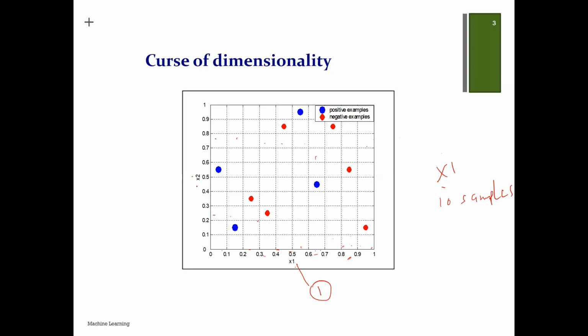The number of features is now 2. Ordinarily, when you increase the number of features by just 1, you expect that you can increase the samples by maybe 2 or so, but no. The problem is, now that our sample is X1, X2, we need 10 raised to the power 2 samples.